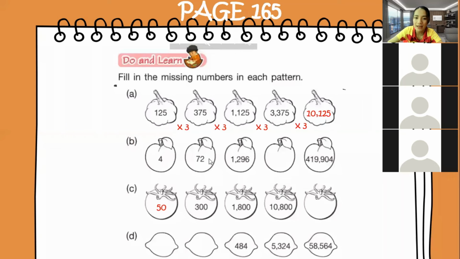After that, 1,296 times 18. What's your answer here? Very good. So the number pattern for letter B is 18. 1,296 times 18 equals 23,328.